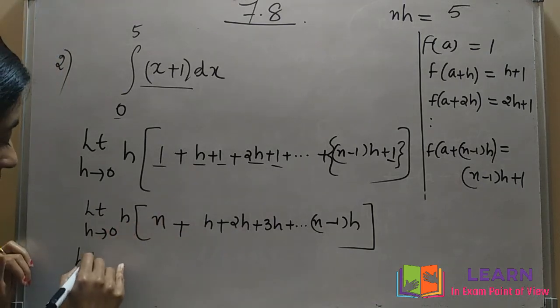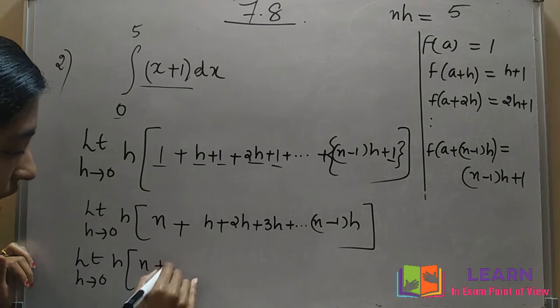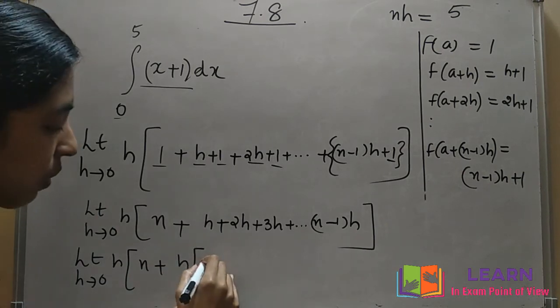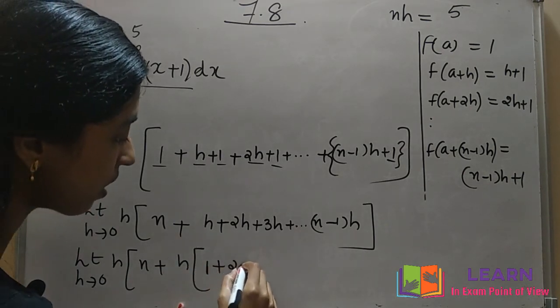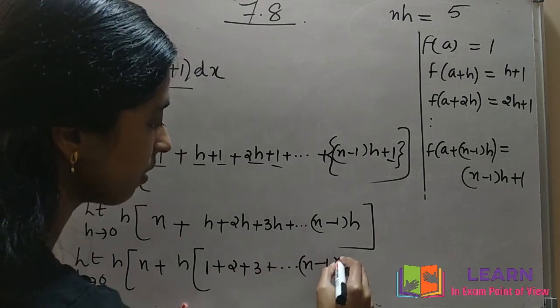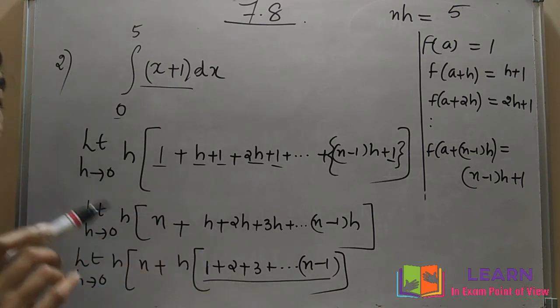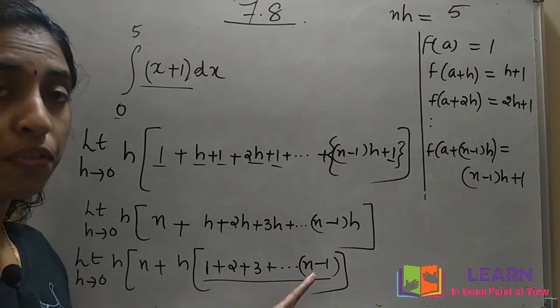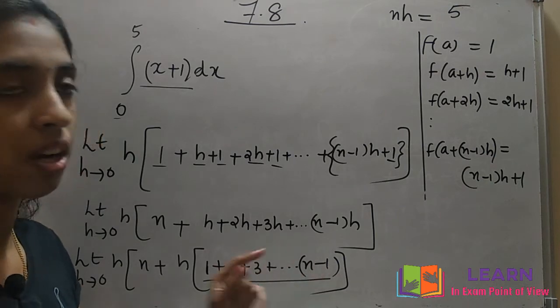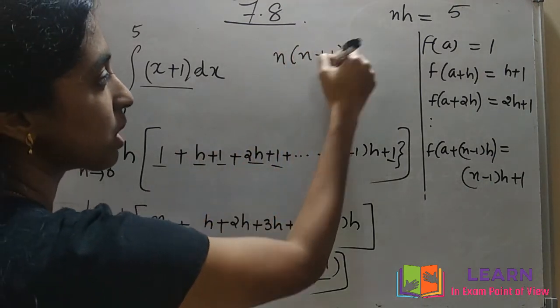Take h outside. So limit h tends to 0, h into n plus h taking outside, what you will get? 1 plus 2 plus 3 plus and so on, plus n minus 1. Right. So this summation formula we know. We studied the summation of n terms. Here there are n minus 1 terms. So how will it be? The n term sum is n into n plus 1 by 2.